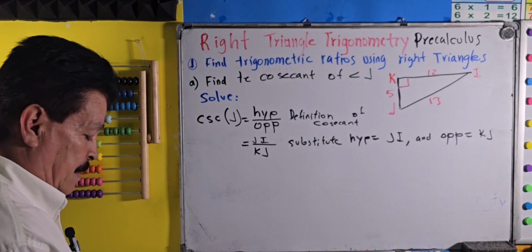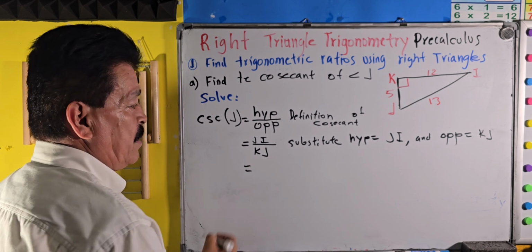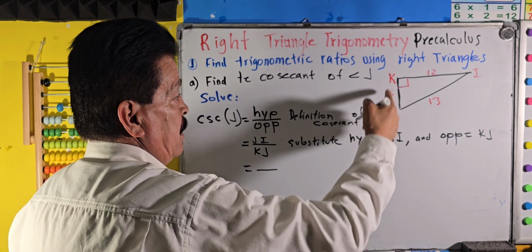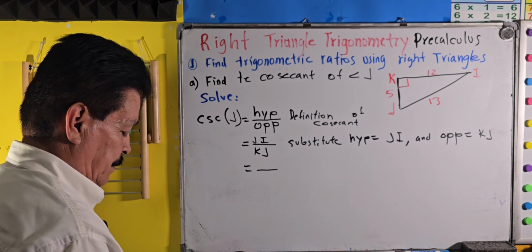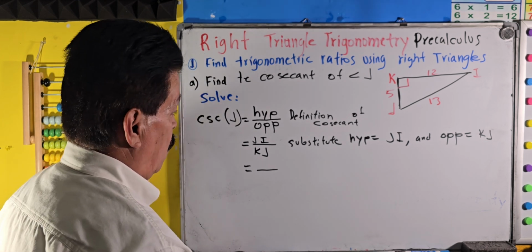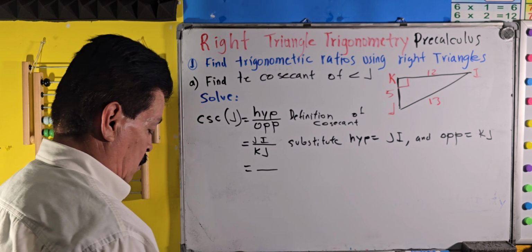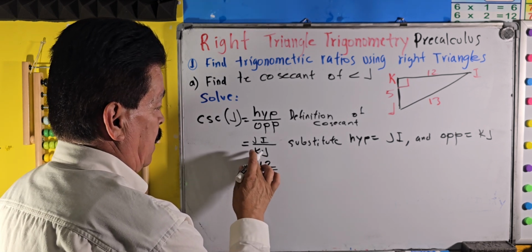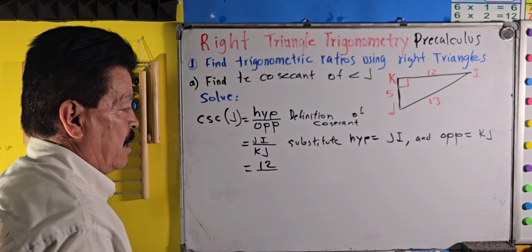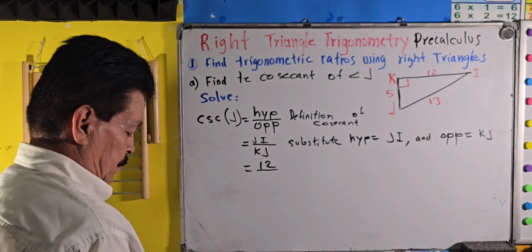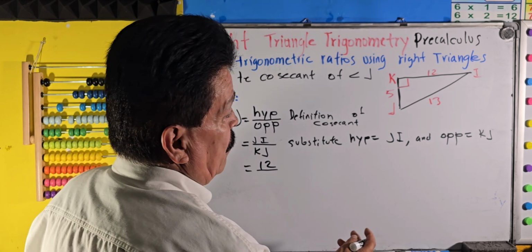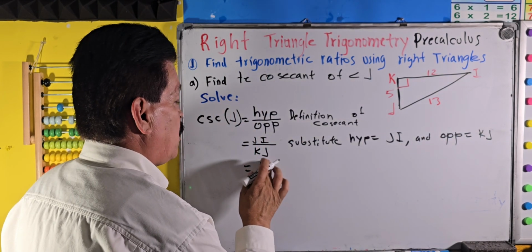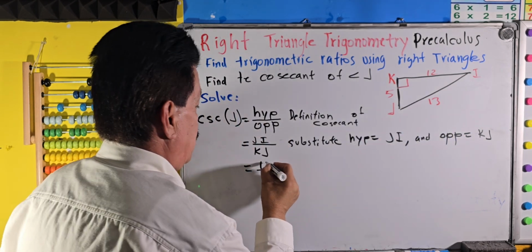Okay. Now just substitute the values for these variables. How much is JI? JI is equal to, it is 13, not 12. It's 13, right? Yeah, 13.